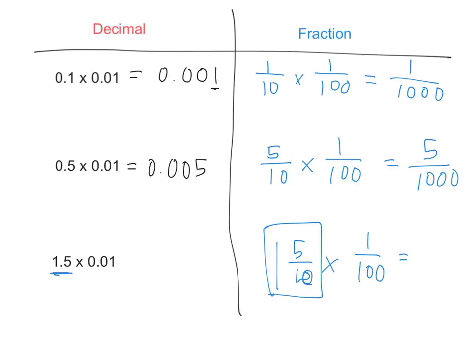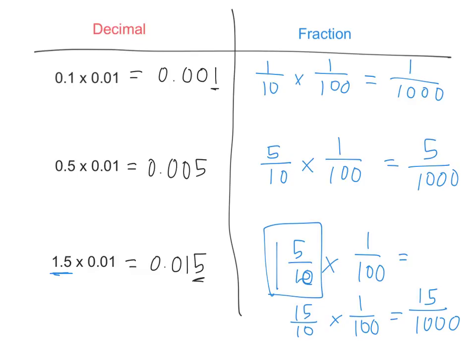What would that be? 15/10 times 1/100. So what's 1 times 15? 15 over 10 times 100 is? So what's my answer? 15 thousandths. How do I write that as a decimal over here? 0.015. I want my rightmost to be in the thousandths place.